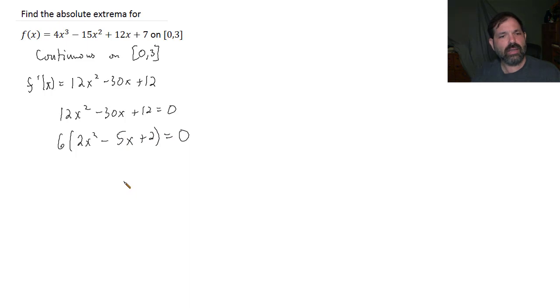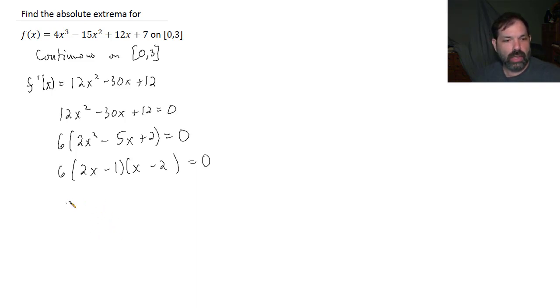Wait, that does factor. So that's 6 times 2x by x, and then put a minus 1 here and a minus 2 here, and it factors. Let's just check that. 2x squared, that works. Minus 4x minus x, that's the minus 5x, plus 2, it works.